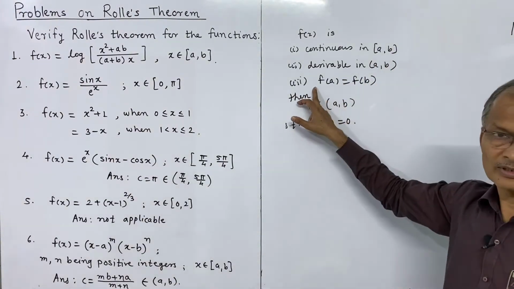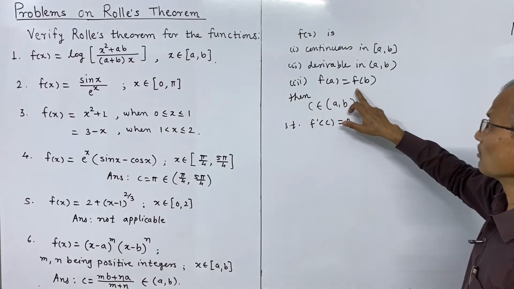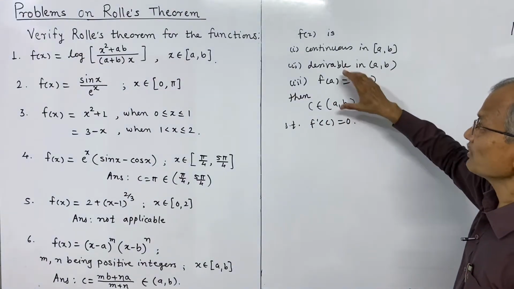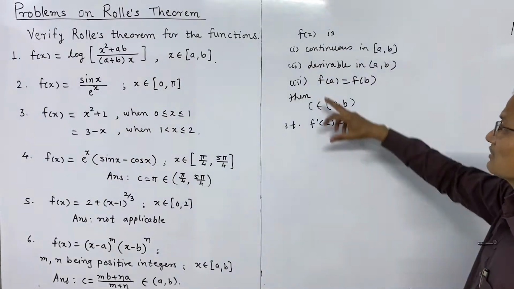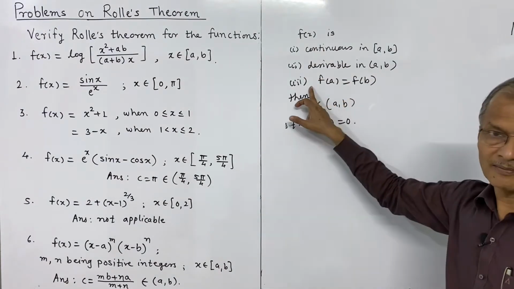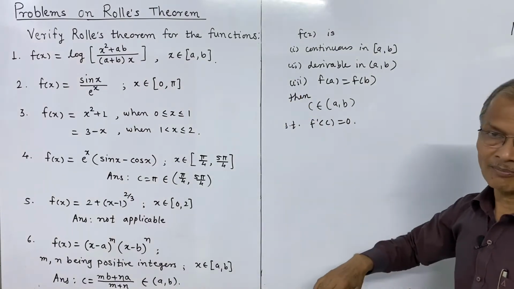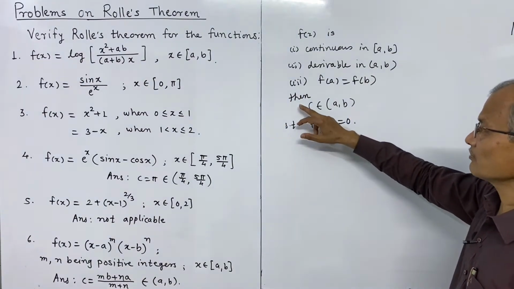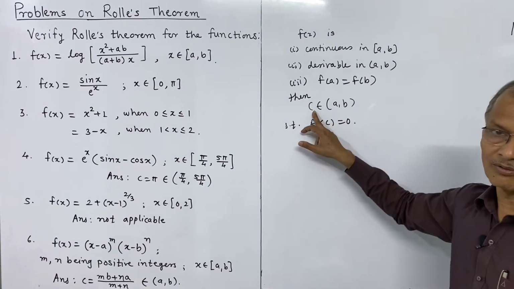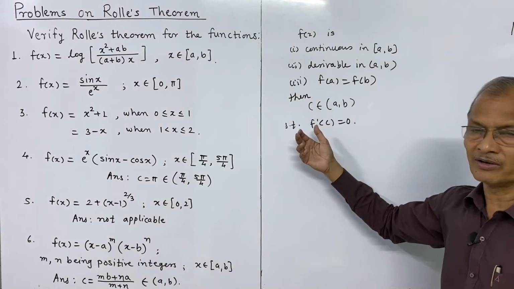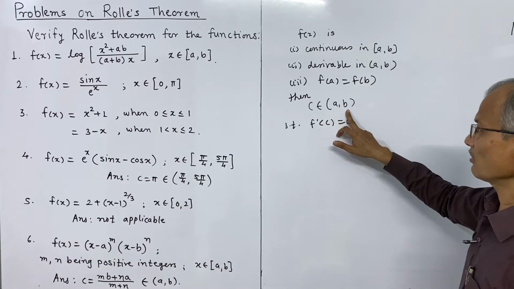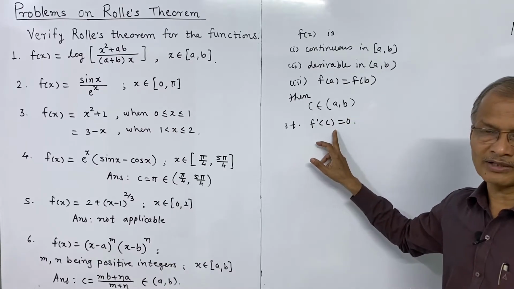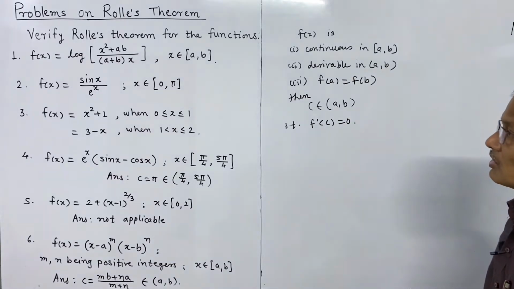Third condition of Rolle's theorem is f of a is equal to f of b. So we have to first check these conditions. Then if these three conditions are satisfied, then the theorem can be applied, and by the theorem there exists at least one value, maybe more than one value, c belongs to the open interval a comma b such that derivative at that point is equal to 0. So this is the Rolle's theorem.